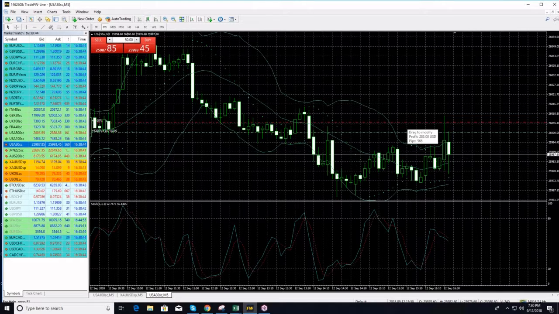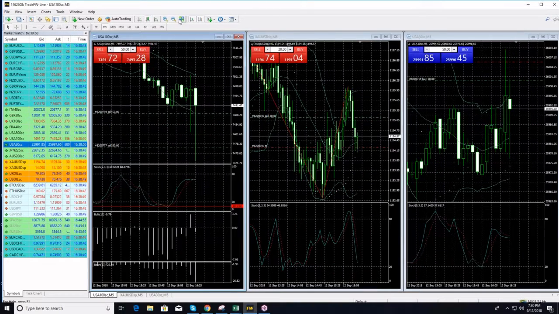Guys, $280. On gold, we are making money, but it got stuck over there, guys.